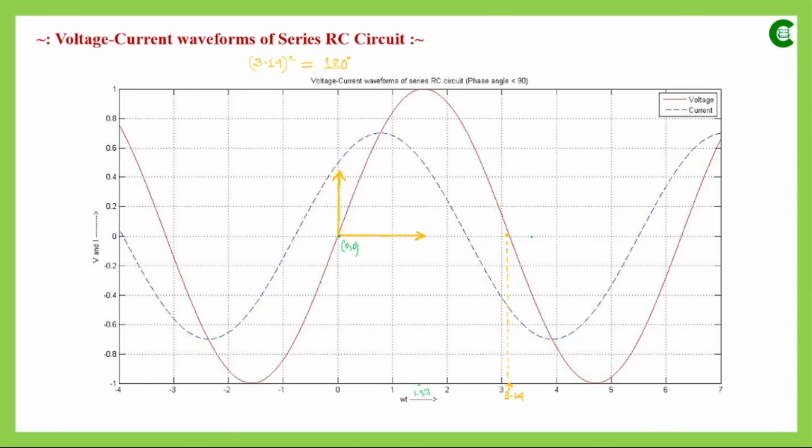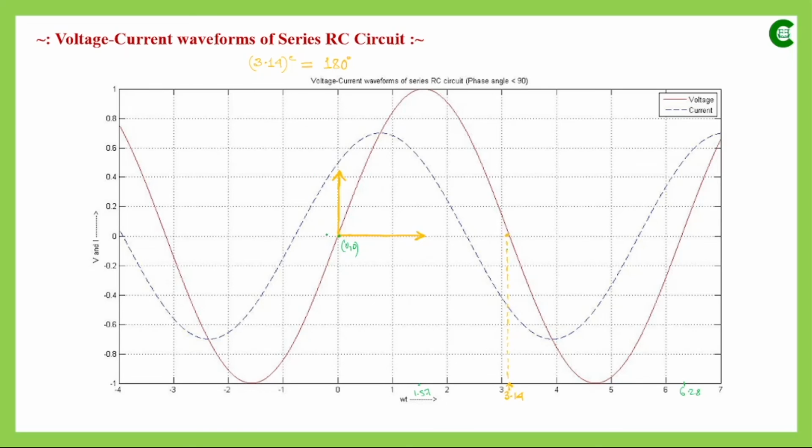This point is 3.14, and the abscissa of this point is 6.28. So for one complete cycle of the voltage, it is the measurement of 360 degree.